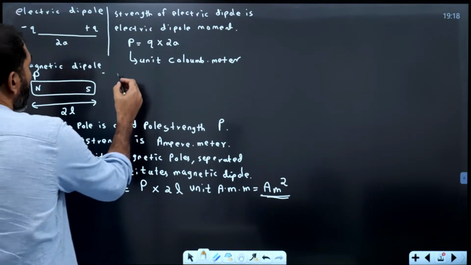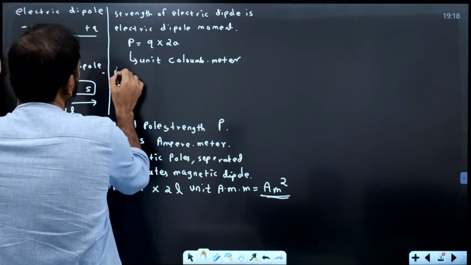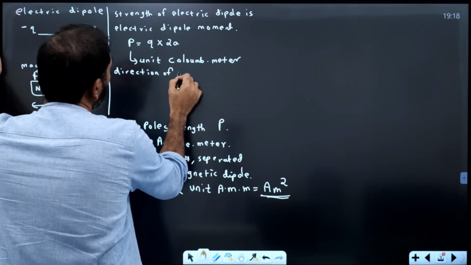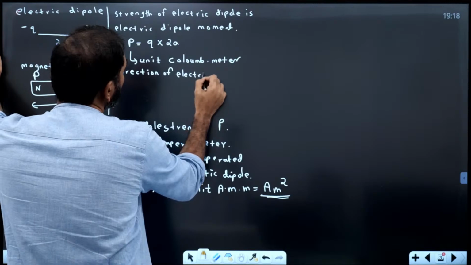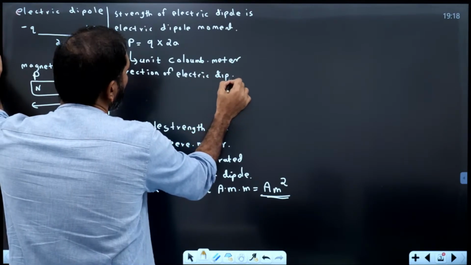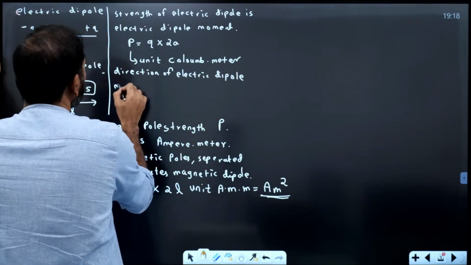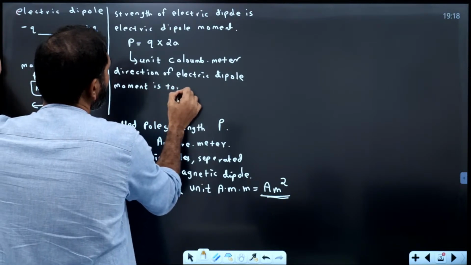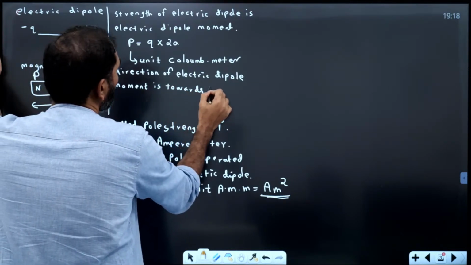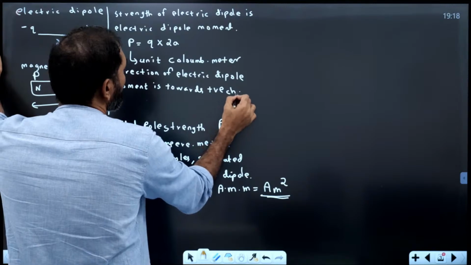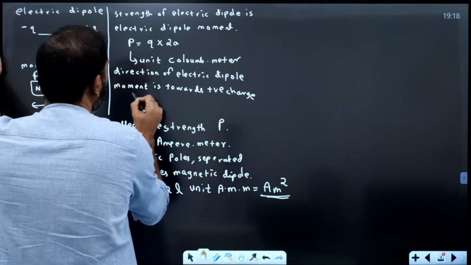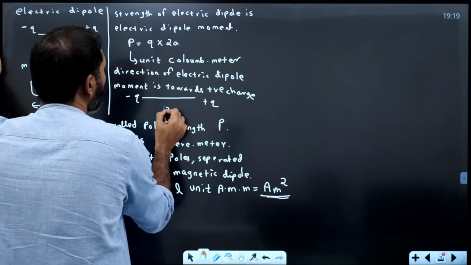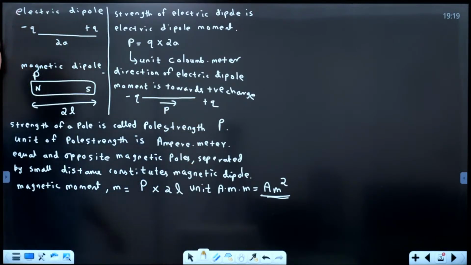Now, the direction of electric dipole moment is towards the positive charge. So with minus Q charge and plus Q charge, the direction of electric dipole moment is towards the positive charge.